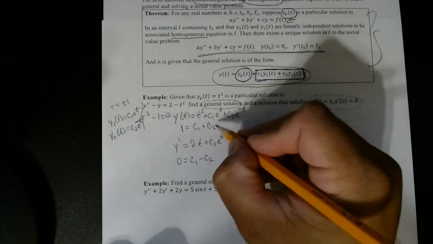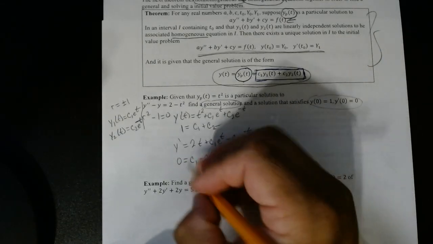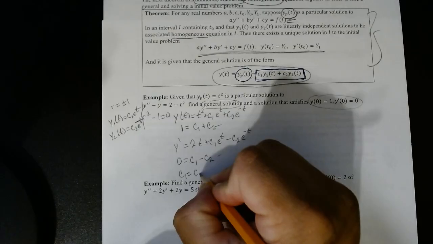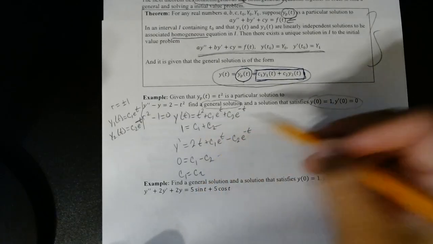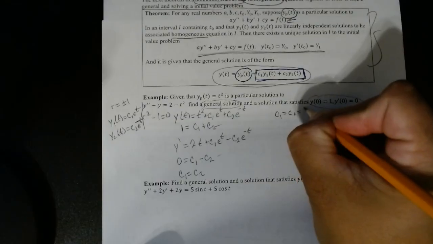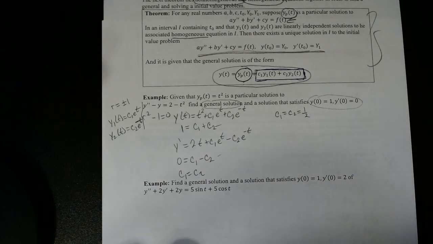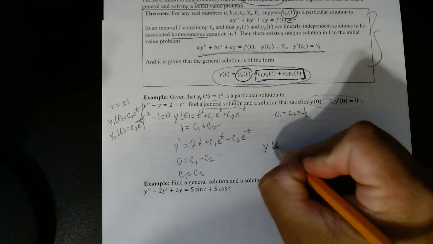So solving for this in this situation, we find out that they're the same, if you really want to process. So the only way that happens is if they're both 1/2. So we get that. So finally, we have our answer.